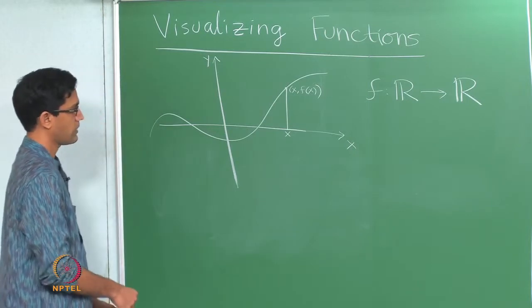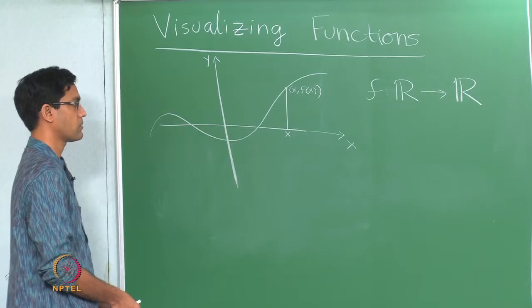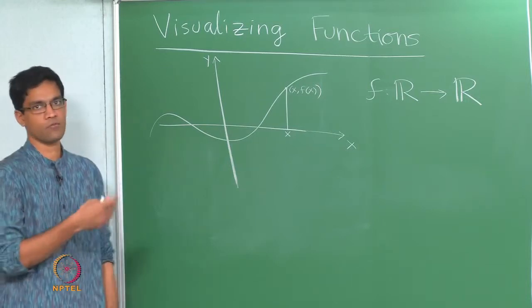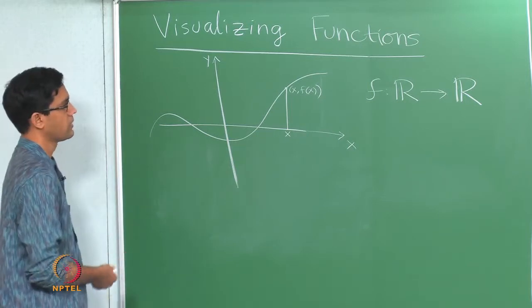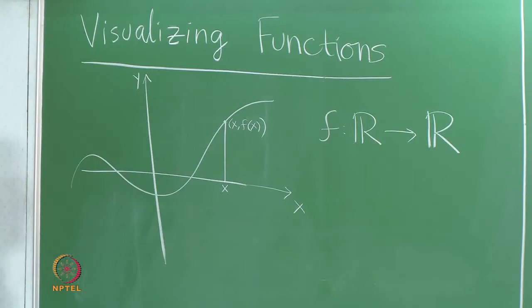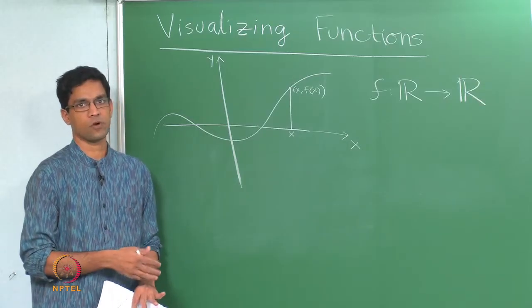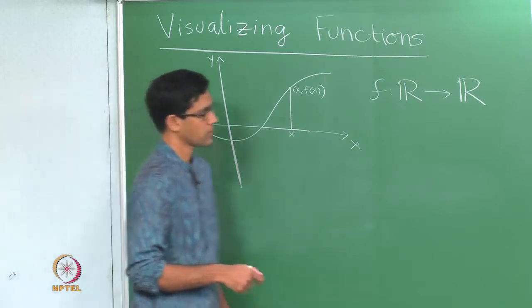And what I would like to mean by visualizing functions is how do you do something similar for functions which are not defined on R to R, but rather, say, functions defined on the plane, which is what we usually denote as R2.